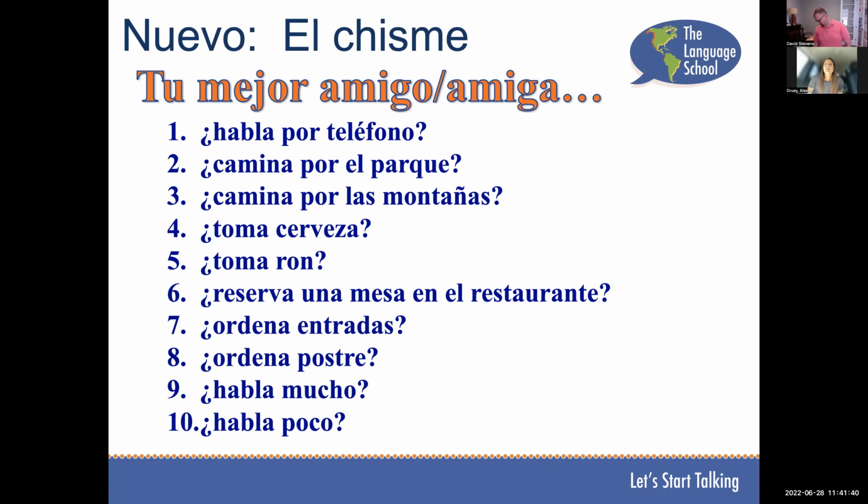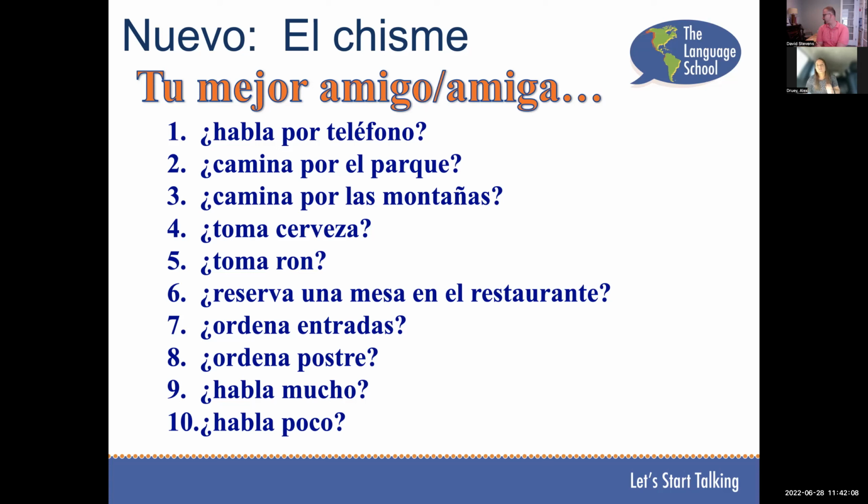Sí, mi mejor amiga camina por las montañas. ¿Toma cerveza? Mi amiga toma cerveza, sí. ¿Tu amiga toma ron? Sí, mi mejor amiga toma ron.